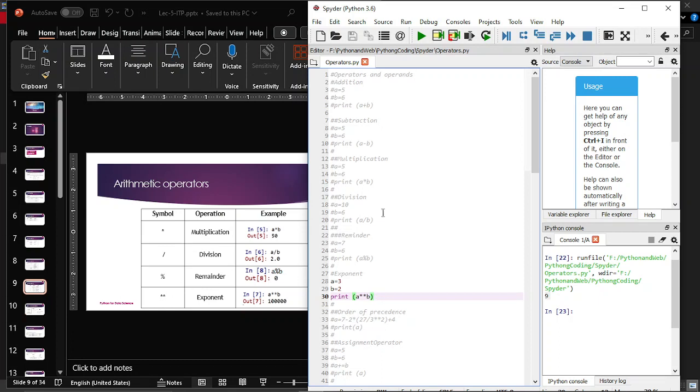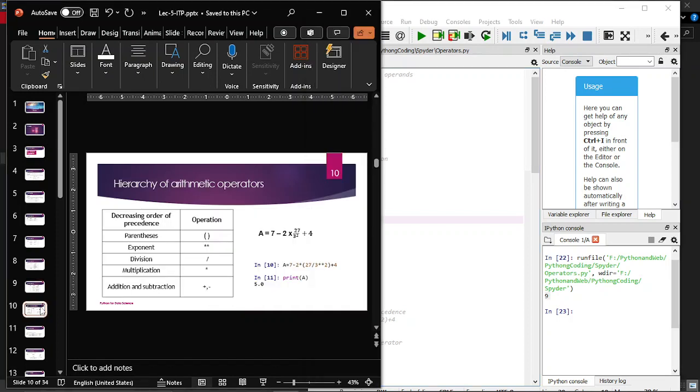But please remember the difference between the division and the remainder operator. The remainder operator is denoted by a percentage sign, whereas division is a forward slash. This is a very big difference and it should be remembered, because this is where most of the time we actually make mistakes.